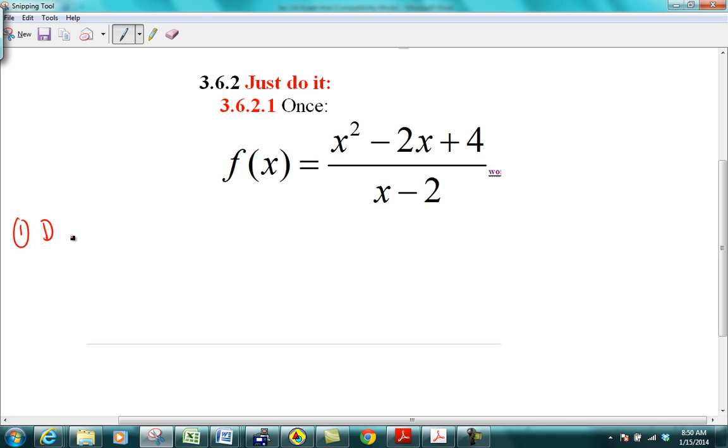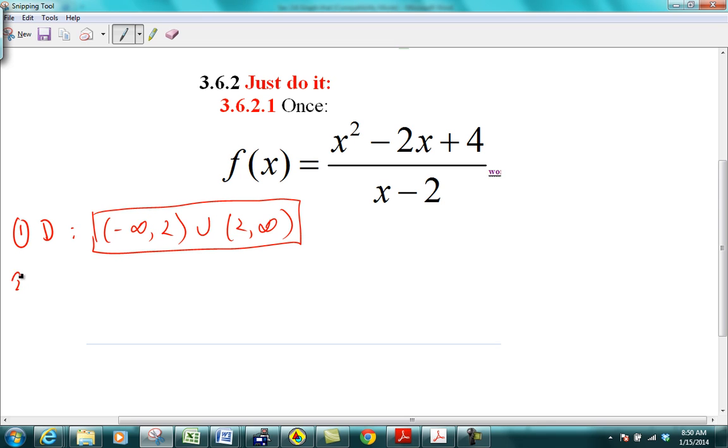So you get D for domain, and if I take a look at this function here, you can see that x cannot be equal to 2 because the denominator would go to 0. So the domain is minus infinity to 2 union 2 to infinity. Okay, so that's the domain, and then box your answers.